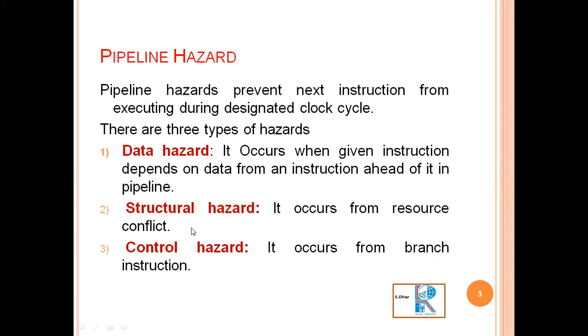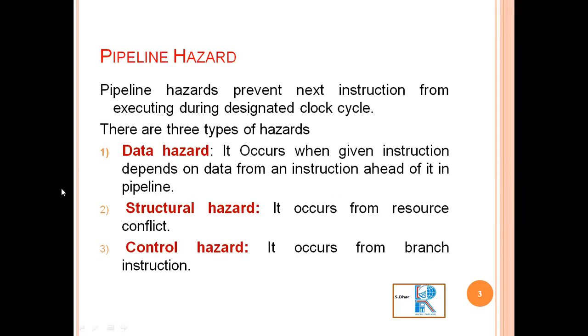That type of hazard, due to the structure or organization of a computer, is called a structural hazard. Clear? Again I repeat, if the hazard occurs due to the lack of resource or there is a conflict in the resource in the system, that hazard in a pipeline is called a structural hazard.